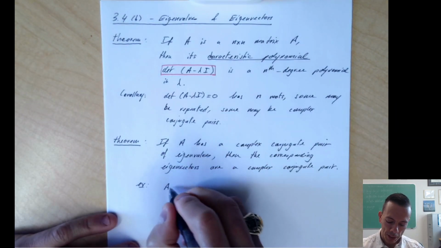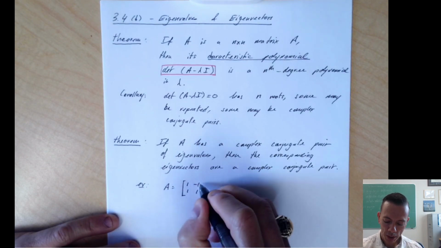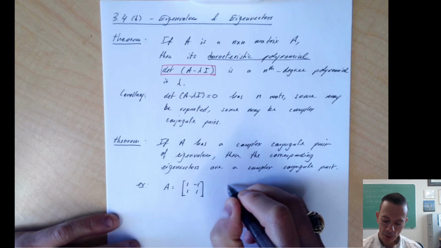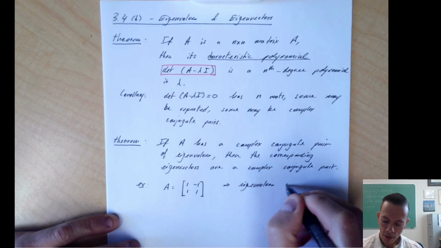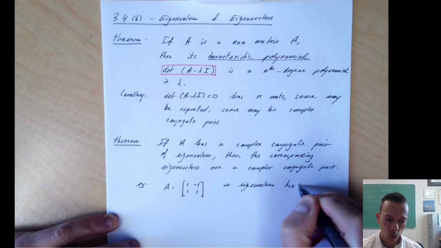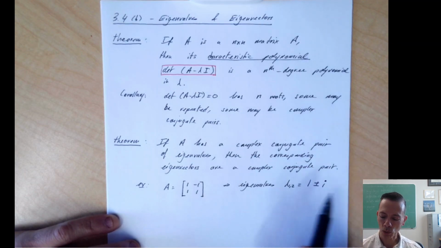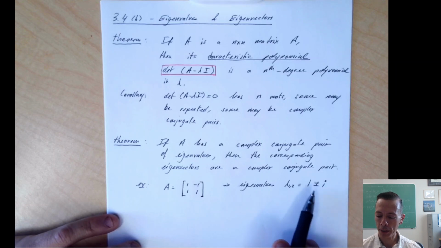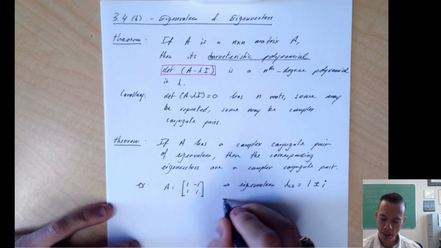If you have the matrix A, 1 minus 1, 1, 1, this matrix has the eigenvalues lambda 1 and lambda 2, 1 plus and minus i. This is what it means to be a complex conjugate pair, the same real part and two opposite complex or imaginary parts.